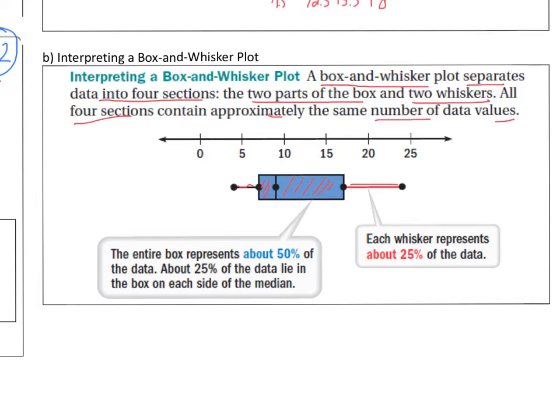Each whisker represents about 25% of the data. The entire box represents about 50% of the data. So about 25% of the data lie in the box on each side of the median. So here's 25, and this is also 25, totaling 100%. That's how you interpret a box and whisker plot.